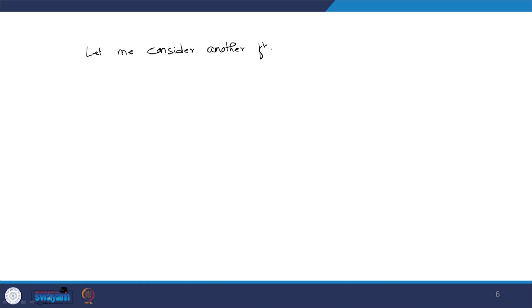Say phi from V cross V to F, defined by phi of A comma B equal to the trace of A B star, basically.